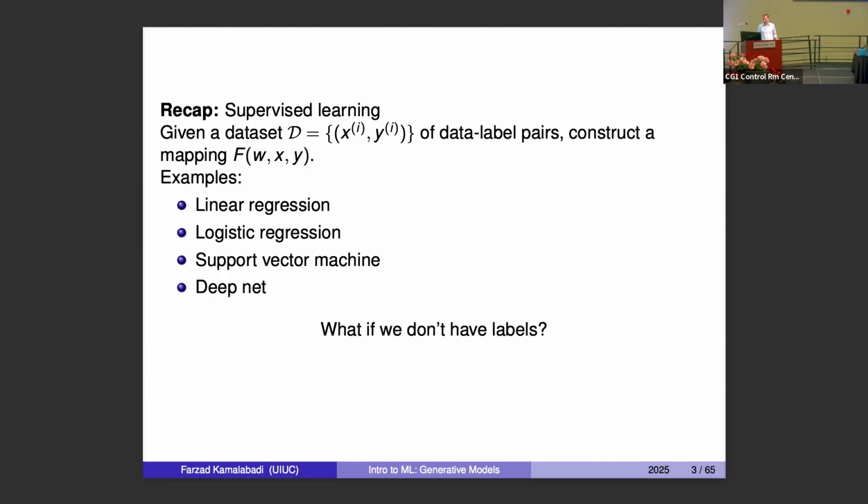So in supervised learning, we had a data set. We denoted that by a set D. We have pairs of data, meaning that the xi's are data and the yi's are the corresponding labels or classes. Remember, the yi's, we started by saying that it's a discrete set, a finite set with a finite number of elements. So those are classes.